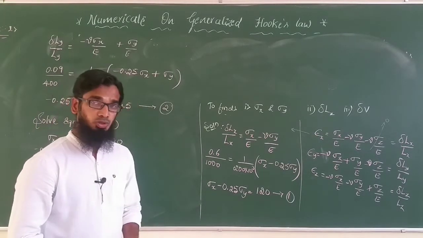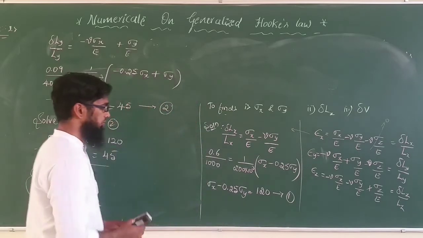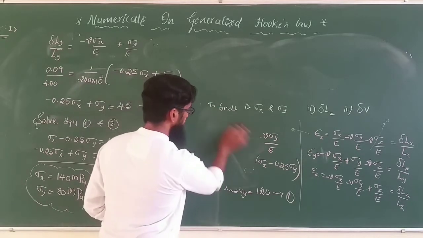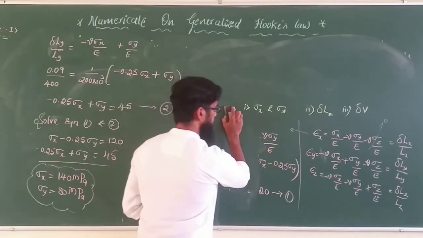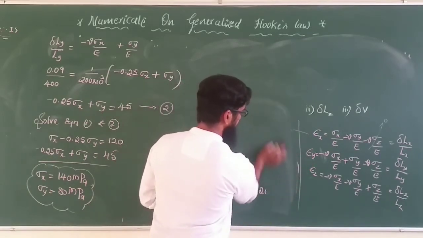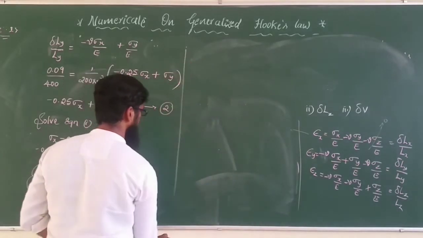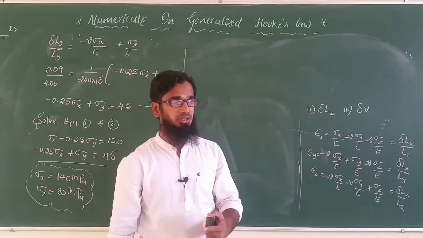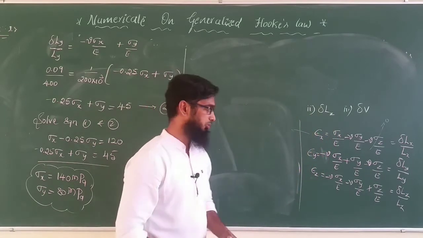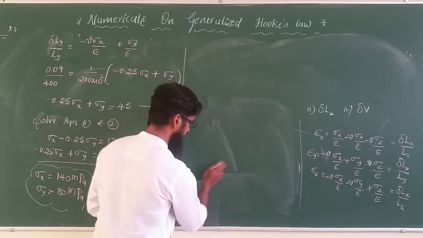Now let us move on to delta z here, that is the change in thickness of the material. What is the change in thickness of the material? We have already used these two equations. So to calculate the second one, delta Lz, that is the change in length in the z direction, or the change in thickness of the member, I will consider equation 3 here, the third equation.